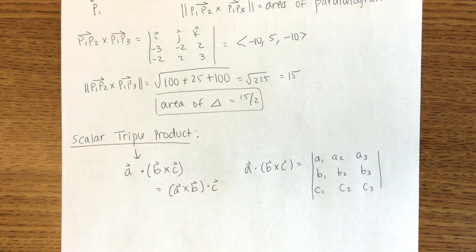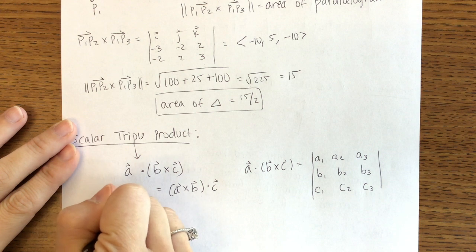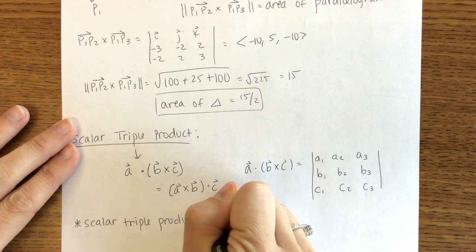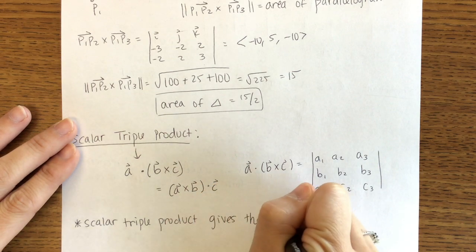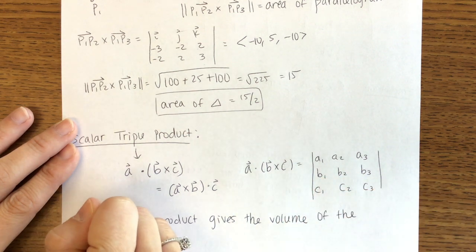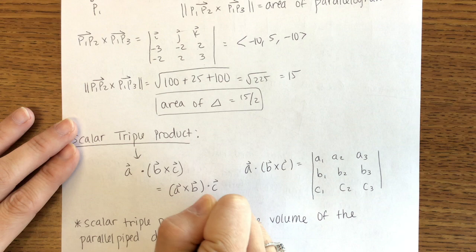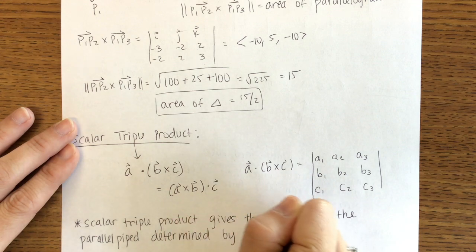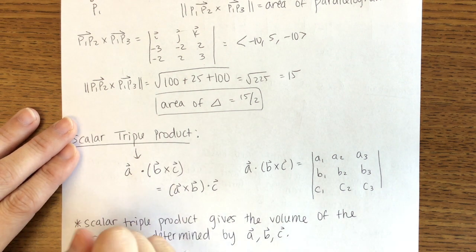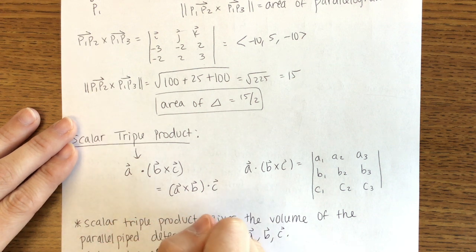Okay, now, what is the importance of the scalar triple product? The scalar triple product gives the volume of the parallelepiped that is determined by vectors A, B, and C. Now, it's actually the absolute value of the scalar triple product.